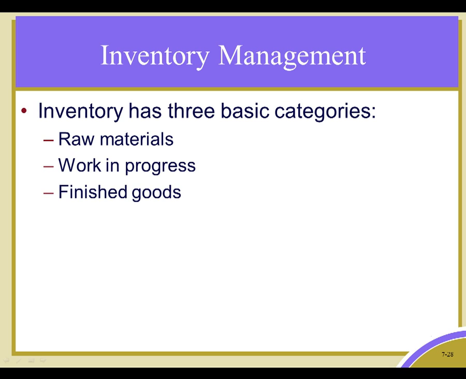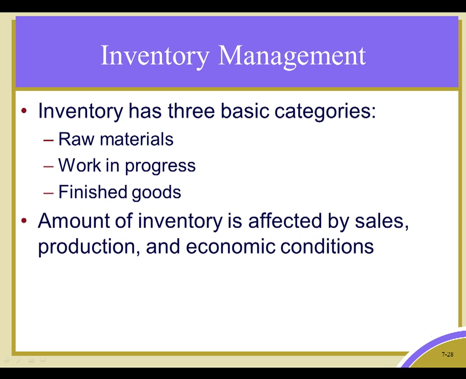Now, we have all these types of inventory. The amount of inventory, though, that we're going to have at any given point in time is affected by a number of factors. One, how much we expect to sell, what sort of production method we use. If we use a level production in a seasonal business, let's think about Santa, who is going to deliver toys in December.